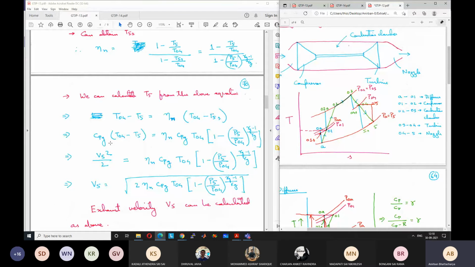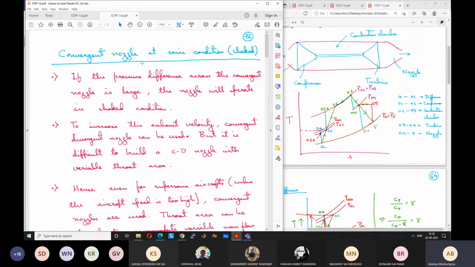Let us now see what is the case when the nozzle is choked. In a typical nozzle, let us ignore that it is an aircraft nozzle at this moment. Just consider a nozzle. What is a nozzle? It's a very simplistic device where the cross-sectional area decreases. In simple cases, cross-sectional area can increase also, but that is for supersonic flow.